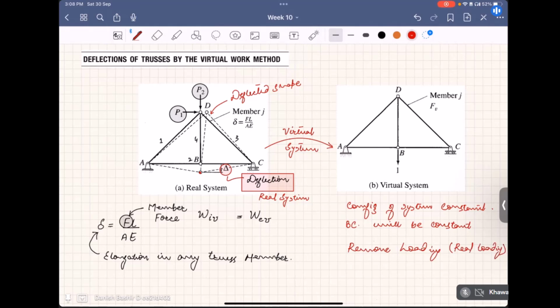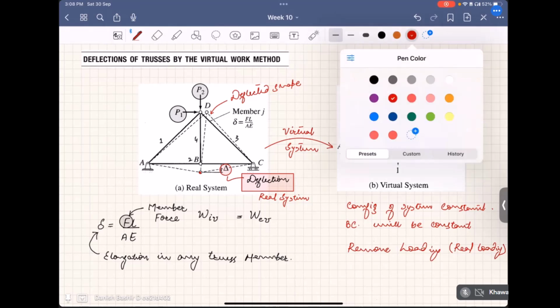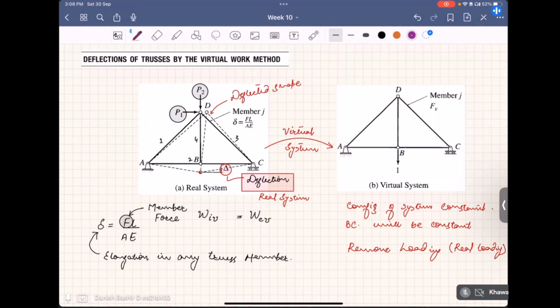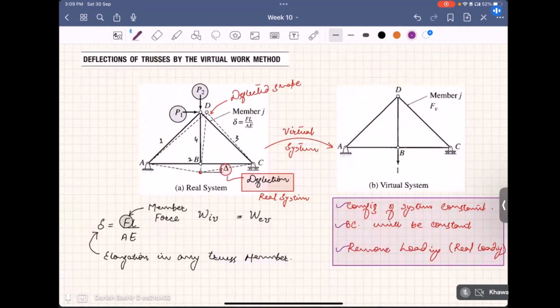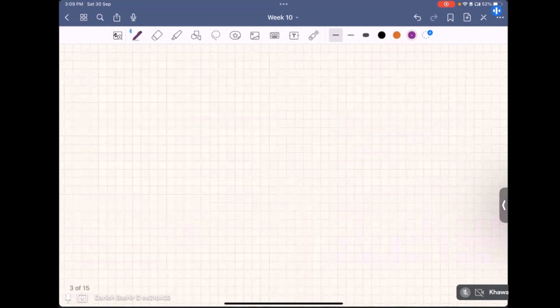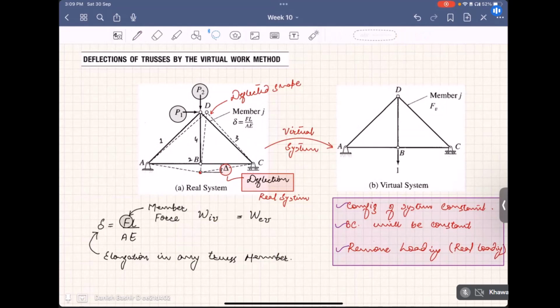These are the preliminary things that we need to do. Configuration will remain the same, boundary conditions will remain the same, but we have to remove the loading that is present in our real system. What we will do after this is, at our point of interest, we will take this figure again from here, the virtual system.